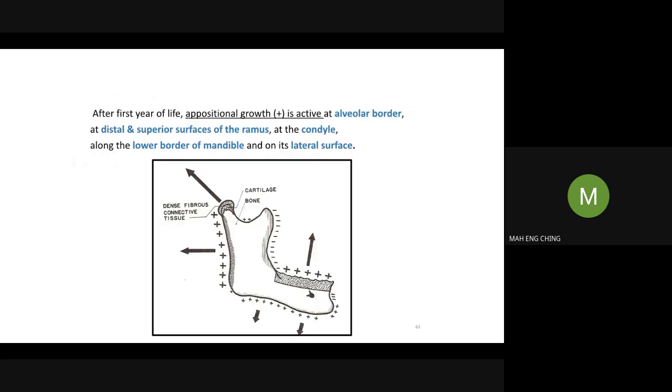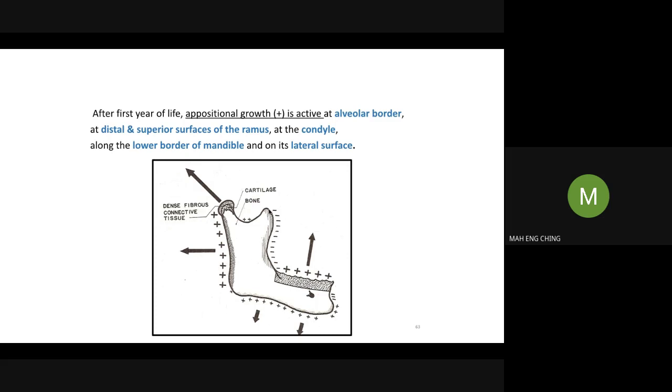So in the first year of life, the apposition growth, which is a positive sign, deposition, is active at the alveolar border, the distal and superior surface of the ramus and the condyle, along with the lower border of the mandible and the lateral surface. This picture summarizes everything. You see this mandible grows on the posterior, the alveolar, and then the lower border of the mandible.